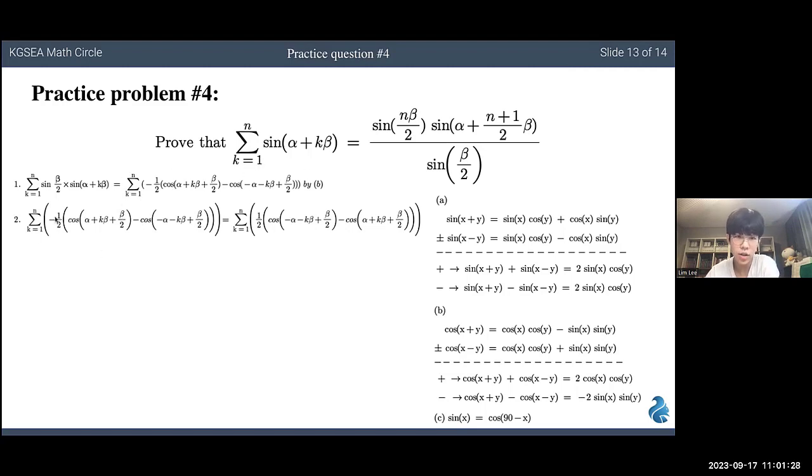This equation is, again, just moved into cosine minus alpha minus k beta plus beta over 2, if we utilize the property that cosine theta is equal to cosine negative theta, and therefore this negative was distributed inside these cosines, and we use the property.